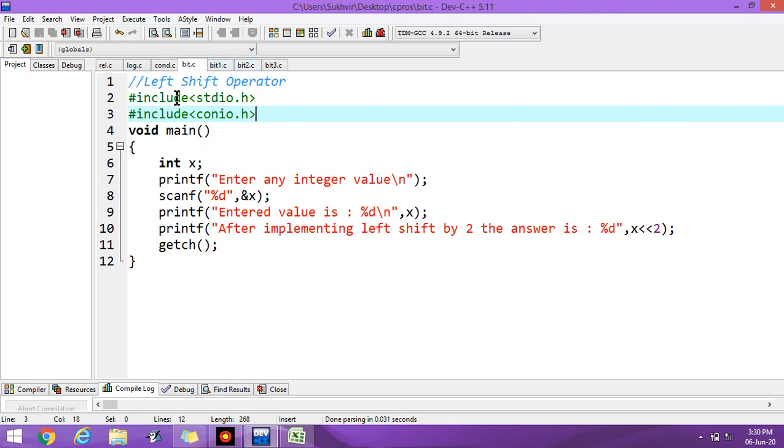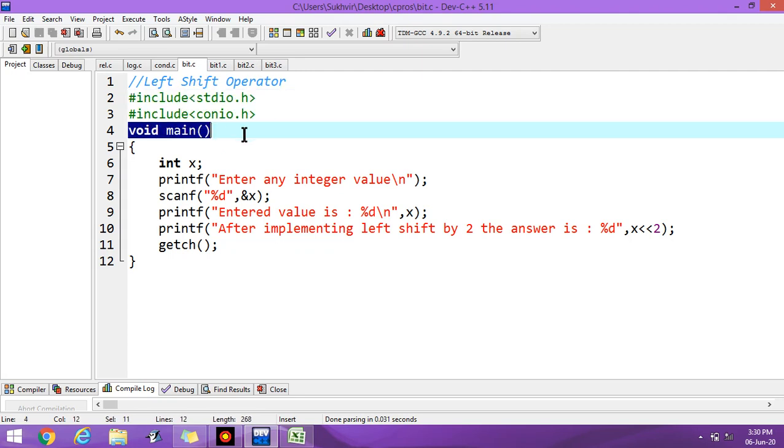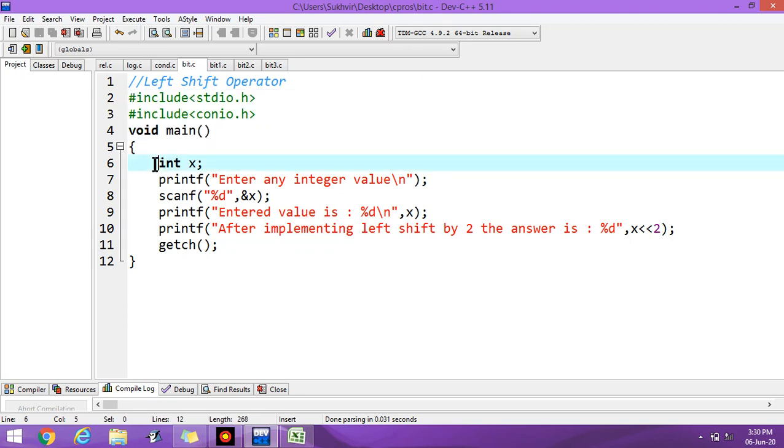For the left shift operator, first of all, as in previous programs, you have to write header files. Then the main function is there, and a declaration of one value. Suppose you have to enter 17 or any other value, you can apply the left shift operator.